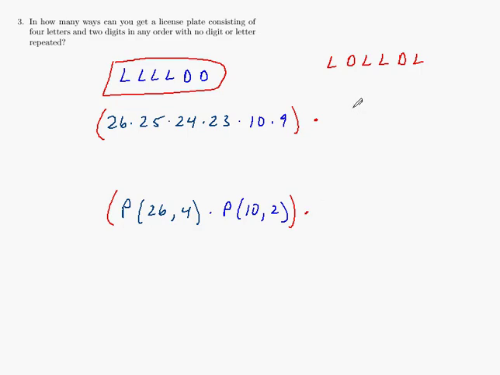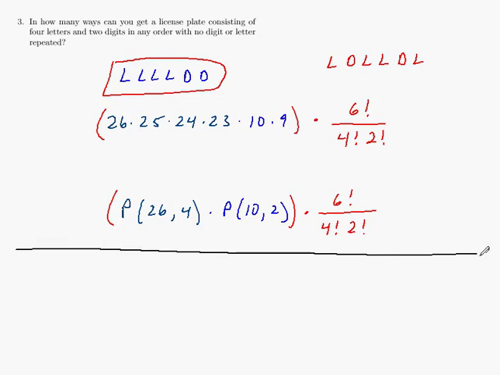Well, that is 6 factorial divided by 4 factorial, 2 factorial. And so that will give me the number of ways of creating this license plate.